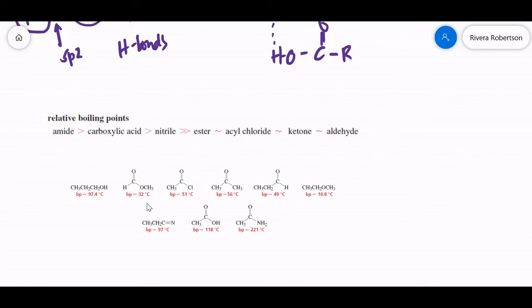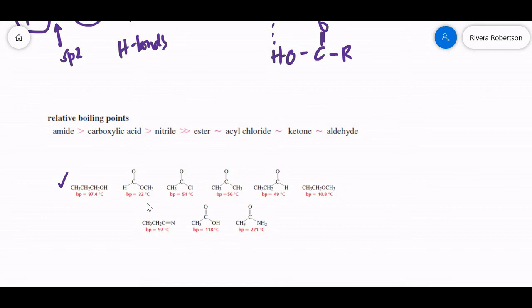And if we compare the same number of carbons of alcohol and carboxylic acids, we expect that your carboxylic acids will still have a higher boiling point, because they have two H bonds, one acceptor and one donor.